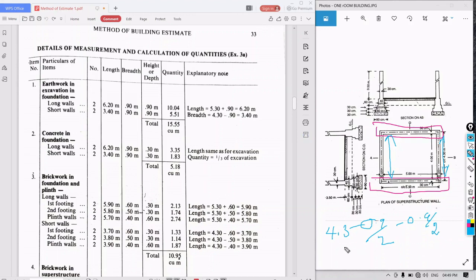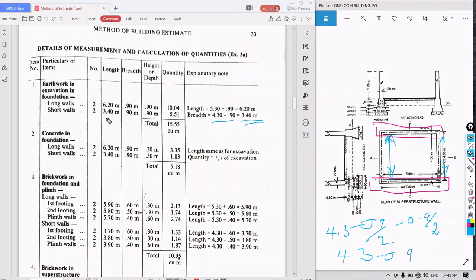In the long wall short wall method, in the long wall we add the width, and in the short wall we subtract the width. The center line is 4.3 minus 0.9, which is 3.40. So this is the length of the short wall.